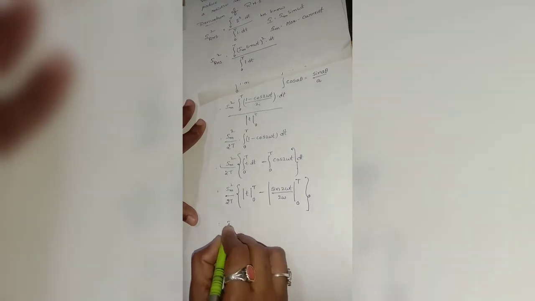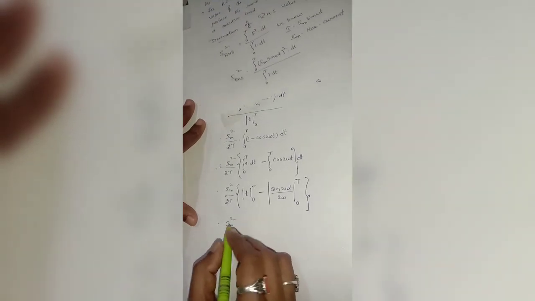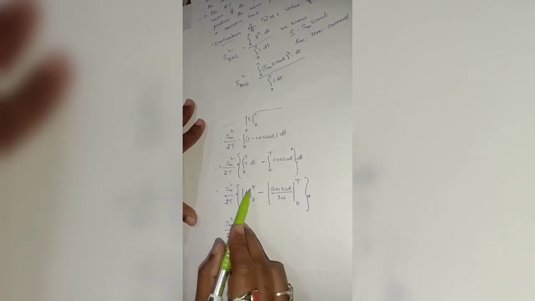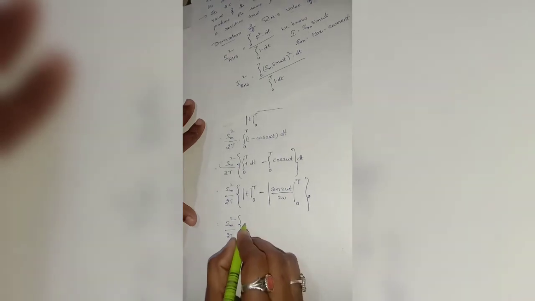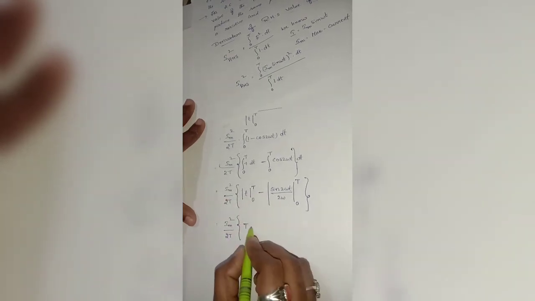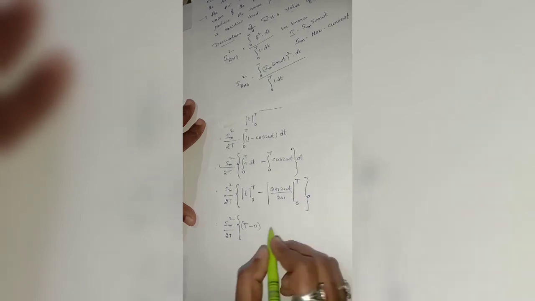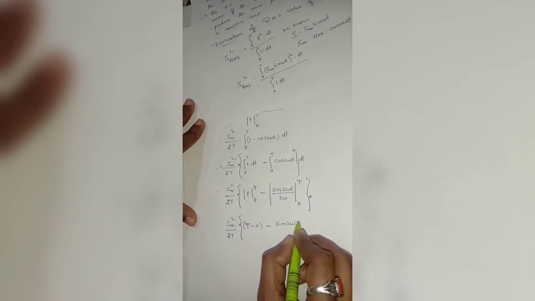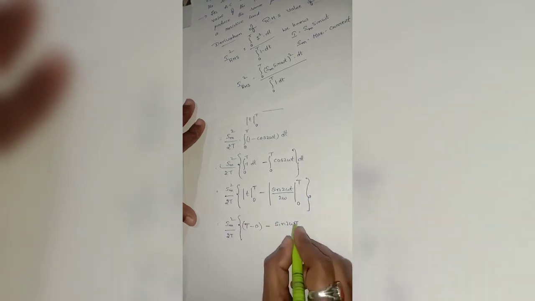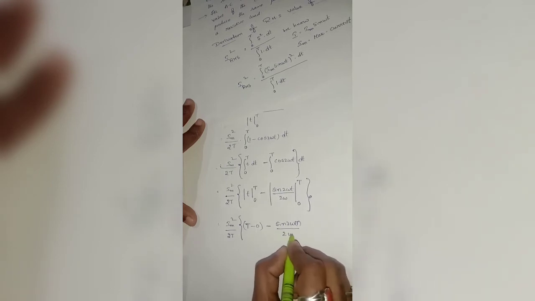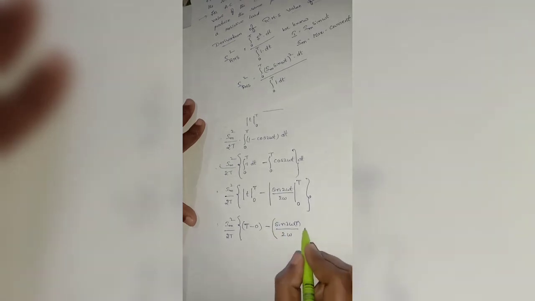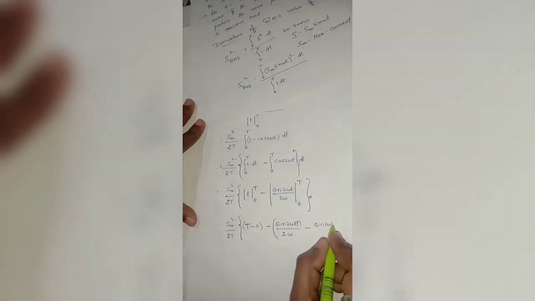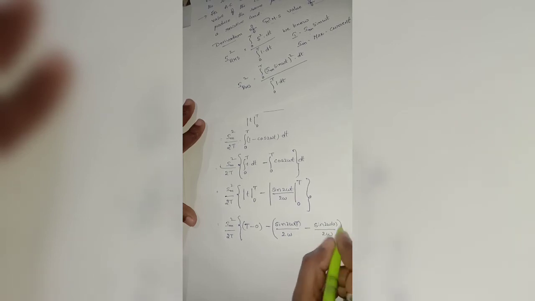This is equal to Im square by 2T. Here upper limit minus lower limit becomes T minus 0, minus sin 2 omega T by 2 omega, minus, upper limit minus lower limit, sin 2 omega 0 by 2 omega.